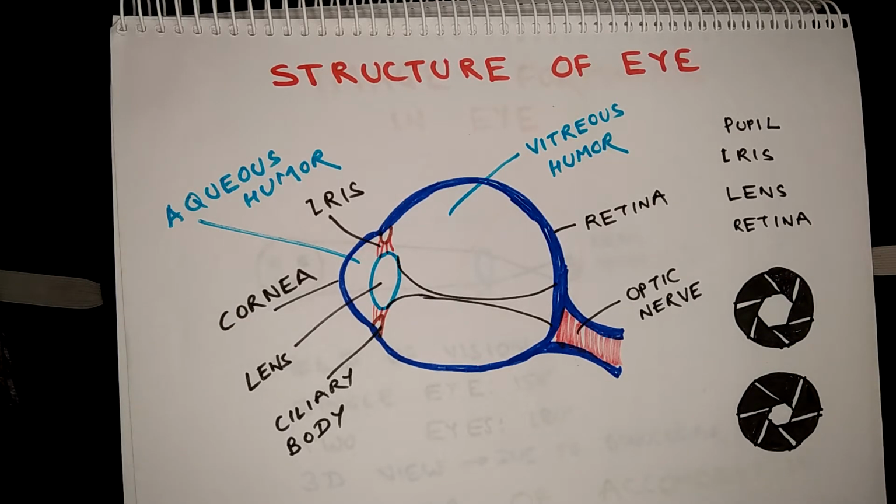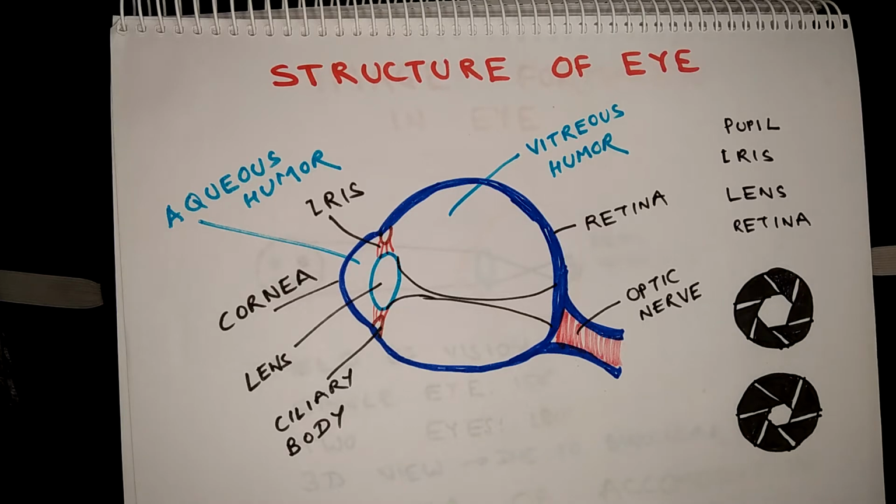In case of high intensity light, the size of the pupil reduces to allow less light to enter the eyes, and if there is low intensity light, then the size of the pupil increases to allow more light inside the eyes.